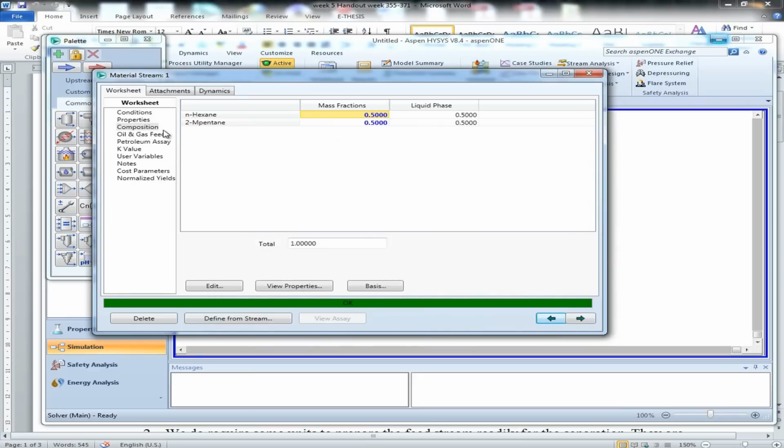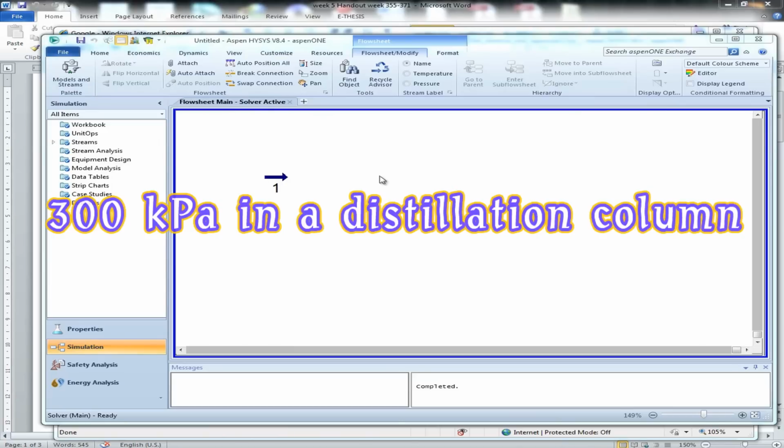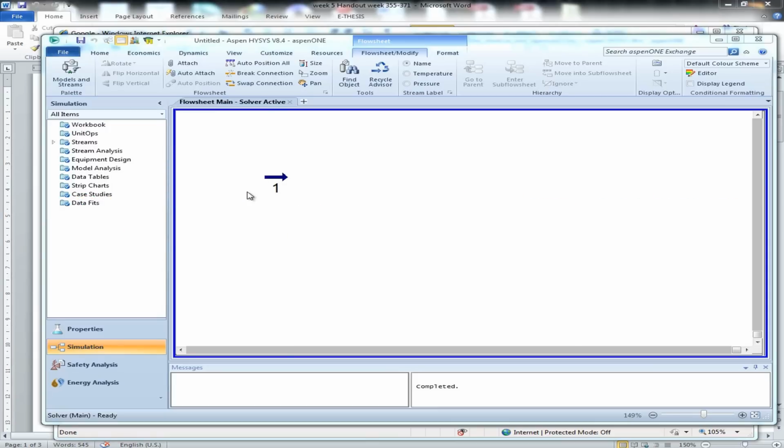Okay, things look okay now. In this case, we would like to work on the separation at 300 kilopascal. Actually, I forgot to put that in the handout. So let's build up the pressure here.